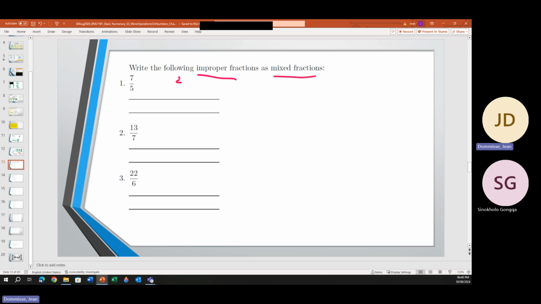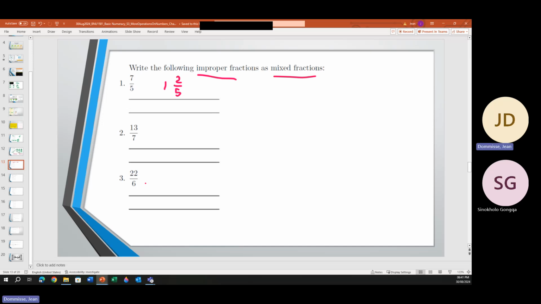So what's left is 2 over 5 plus the 1. And if you multiply it out, 5 times 1 is 5, and 5 plus 2 will give you that 7. So that is a way of looking at it. What you can also do is to say on your calculator, what is 22 divided by 6?